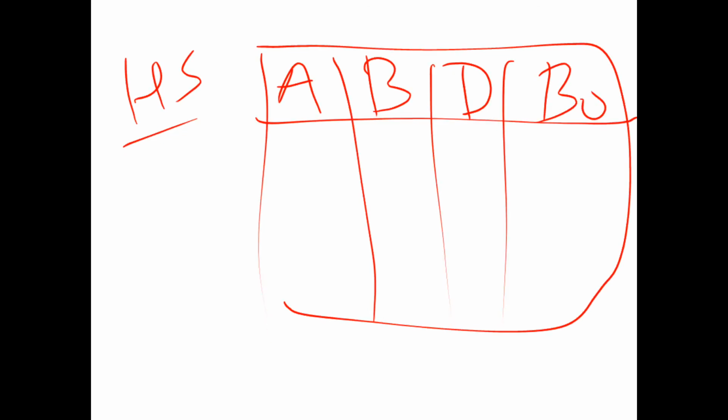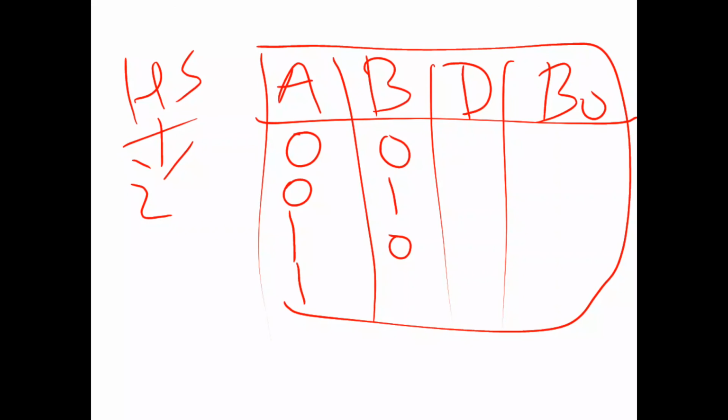Because there are 2 inputs, we'll have 4 combinations. First combination is 0 0, 0 1, 1 0 and 1 1. So you can see here 0 minus 0, difference is 0.